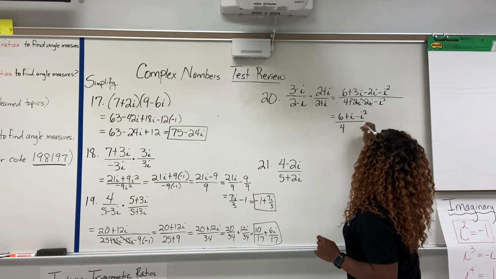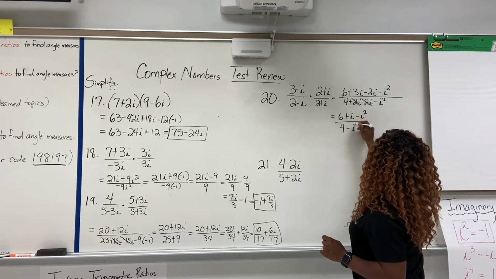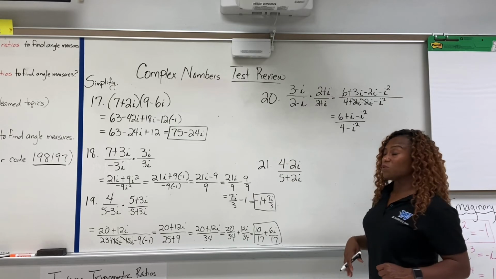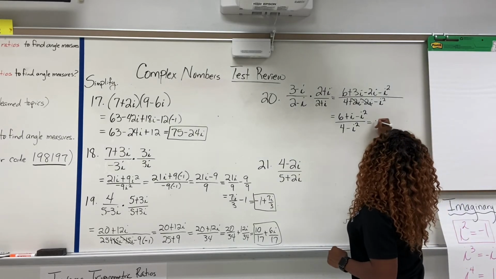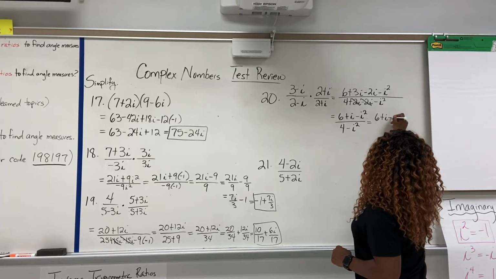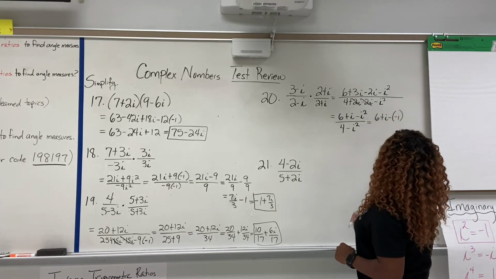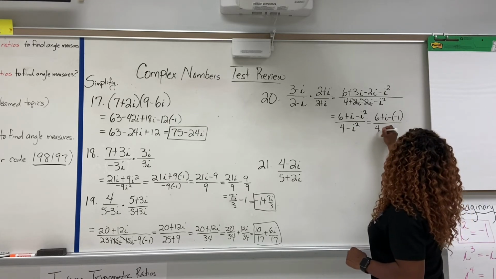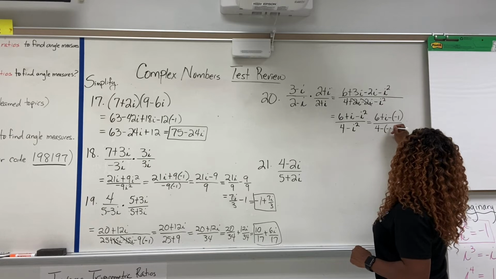So 4 minus i squared. Do we know what i squared is? Yeah, it's negative 1. So I'm gonna rewrite that as 6 plus i minus negative 1, and underneath 4 minus negative 1.